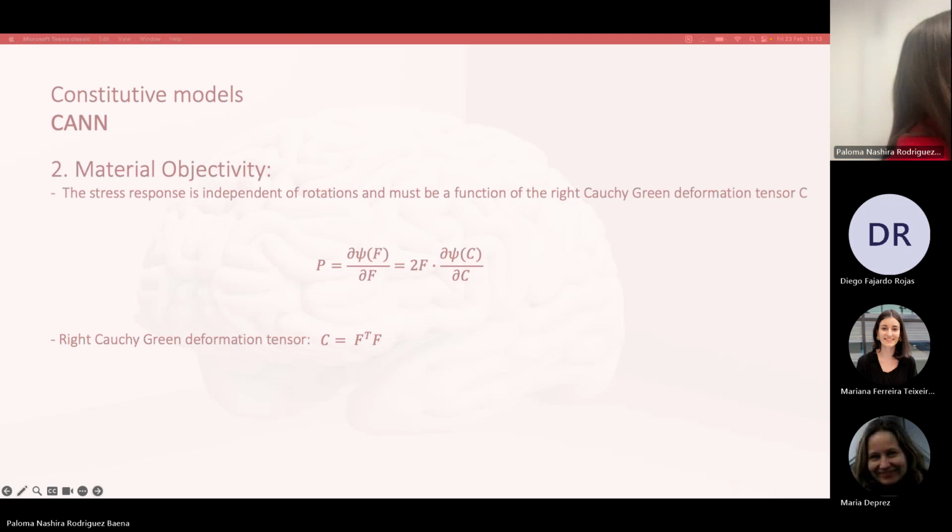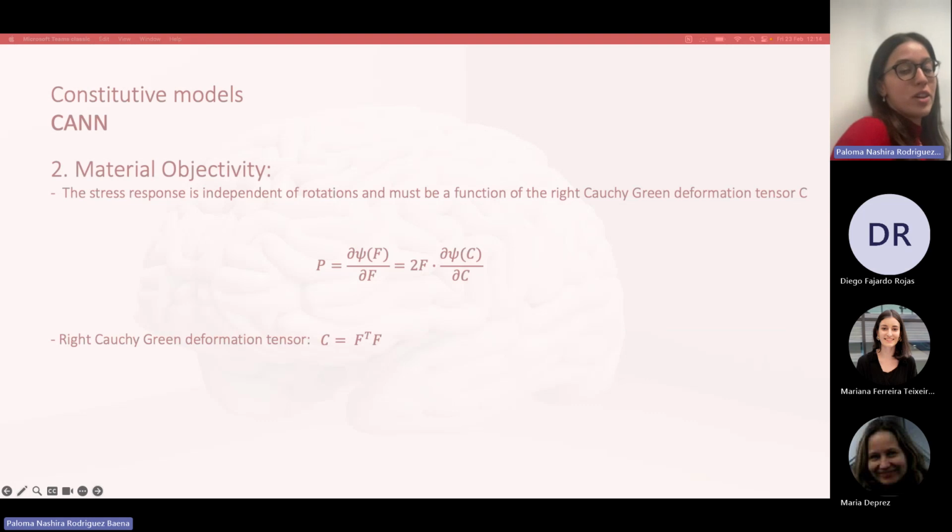I said that material objectivity implies that the stress response is independent of rotations and must be a function of the right Cauchy-Green deformation tensor. So I believe that by using the Cauchy deformation tensor, which is a function of F, this would mathematically imply that there's objectivity.